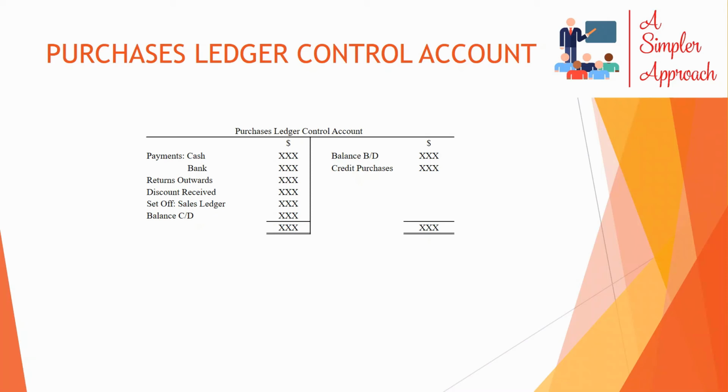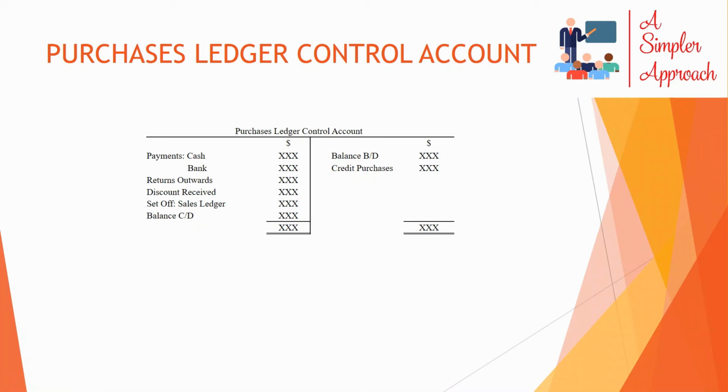How is it recorded in the creditor's T account? That concept goes for everything that you see here. Returns outwards is debited in the creditor's account. Discount received is debited. I'm going to come back to set off in a second. And purchases is credited in the creditor's control account.